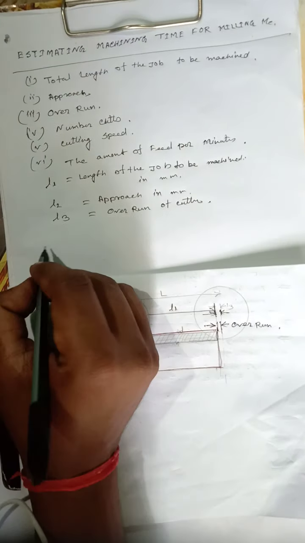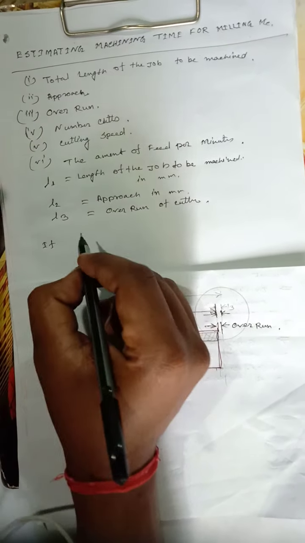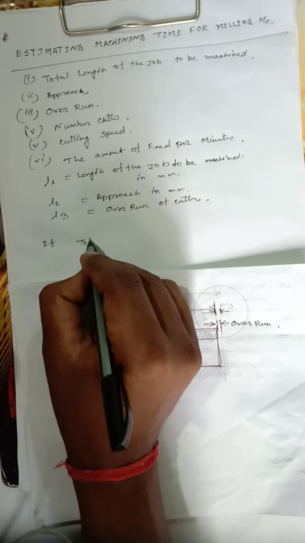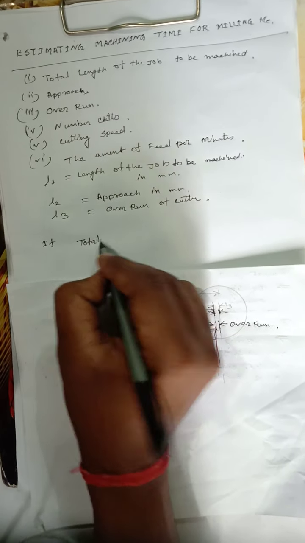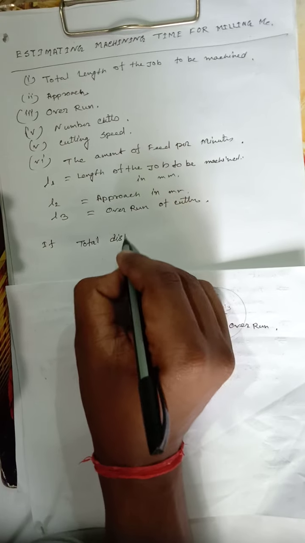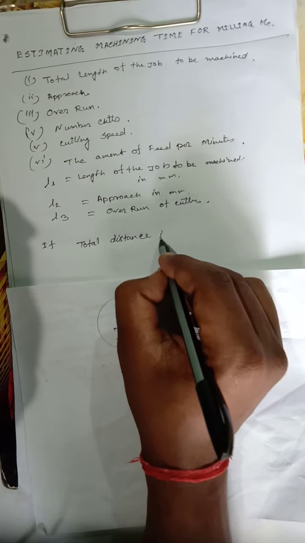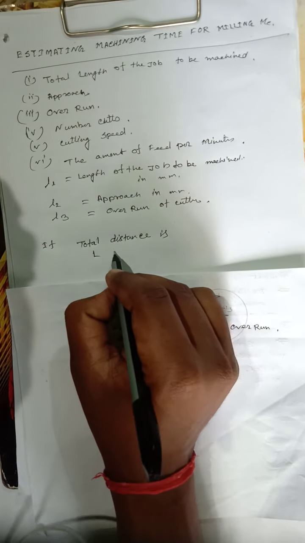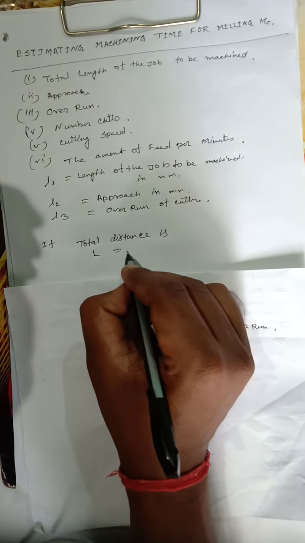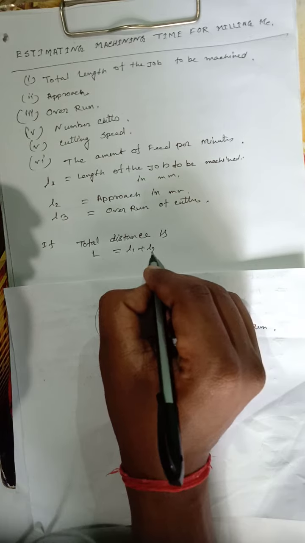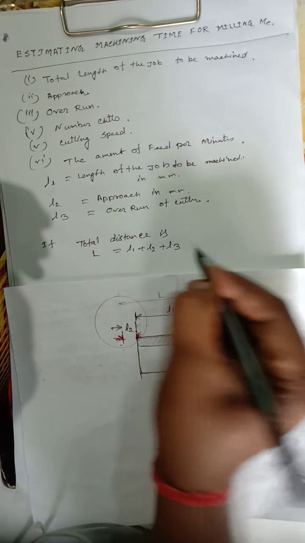If the total distance is L, then L is equal to L1 plus L2 plus L3.